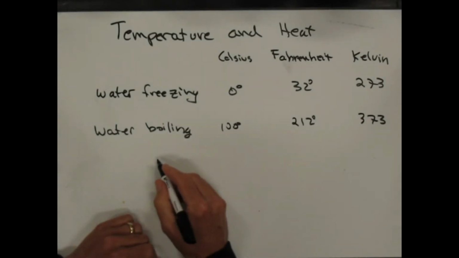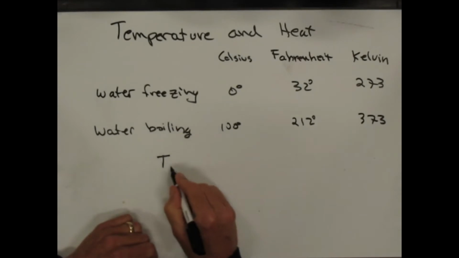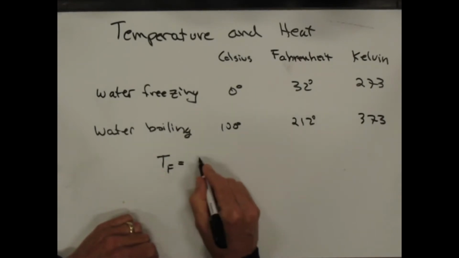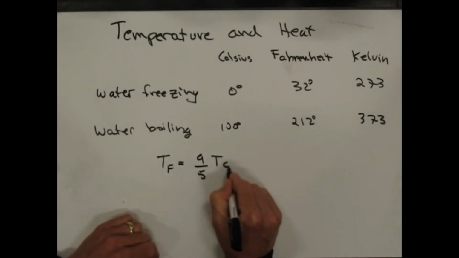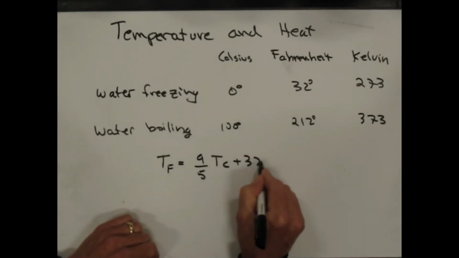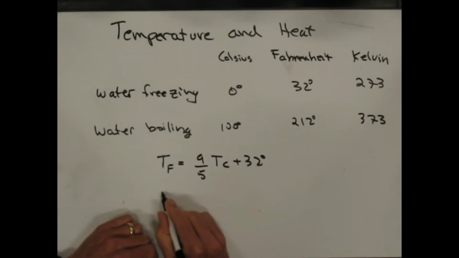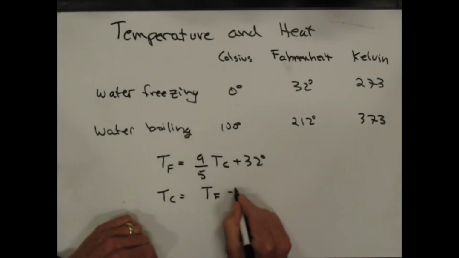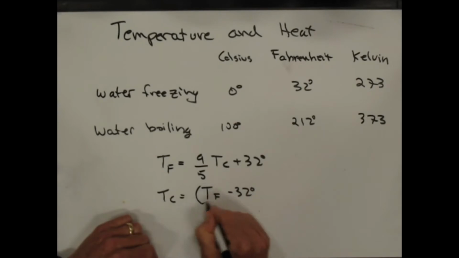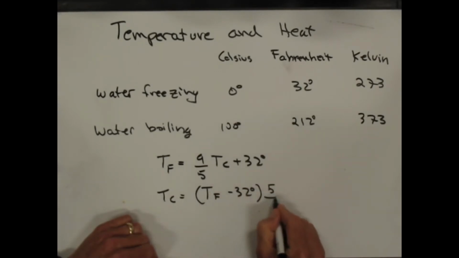And so we can write these things a few ways. We can say the temperature in Fahrenheit is equal to 9/5 times the temperature in Celsius plus 32 degrees. And if we reverse that, the temperature in Celsius is equal to the temperature in Fahrenheit minus 32 degrees times 5/9.